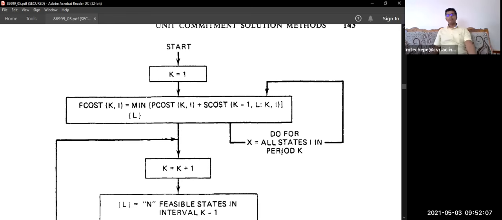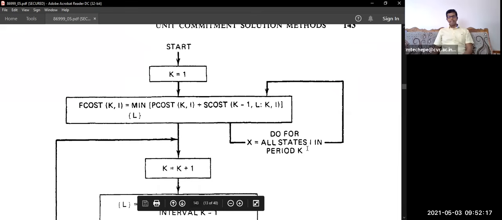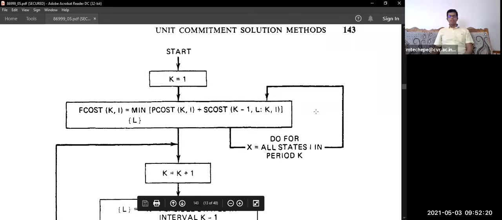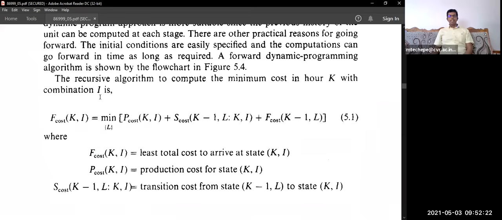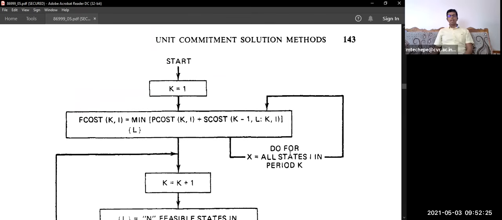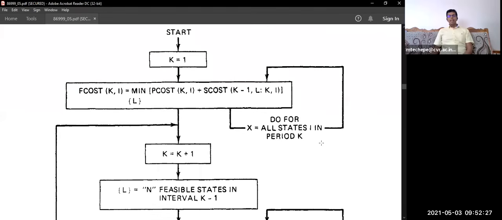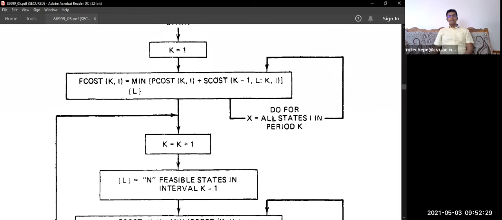For the 24 hours of the period, we repeat this for all the states I, where I is nothing but a combination. Next, we increment k, that is, k plus 1.